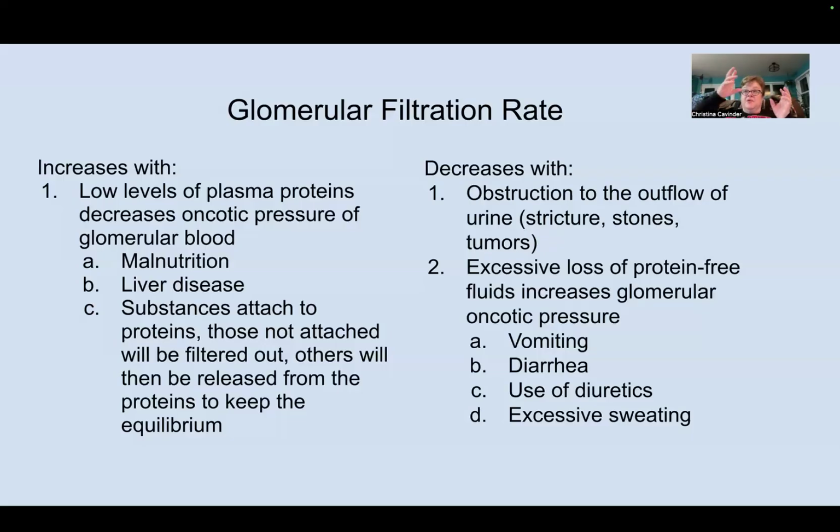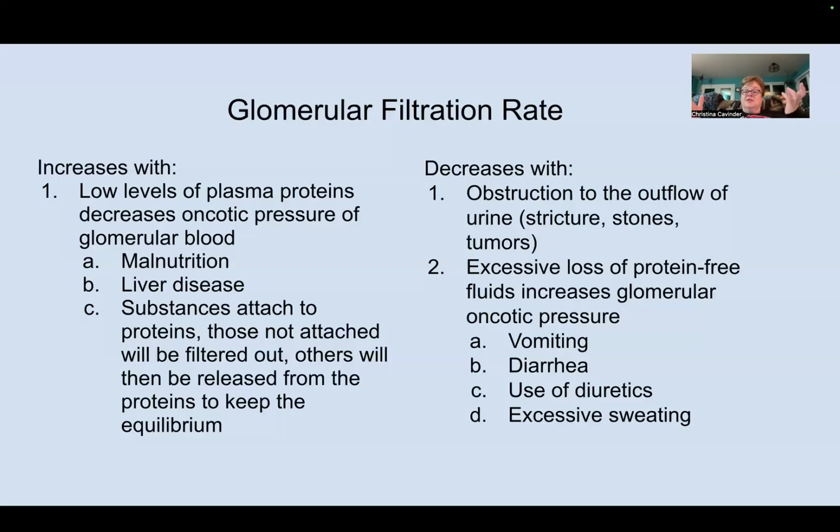What happens with that is it pulls water with it. So when that free-floating part is secreted out the kidney, the plasma proteins will release more to keep an equilibrium in the bloodstream. And so that again will go out into the nephron and be released in the urine.